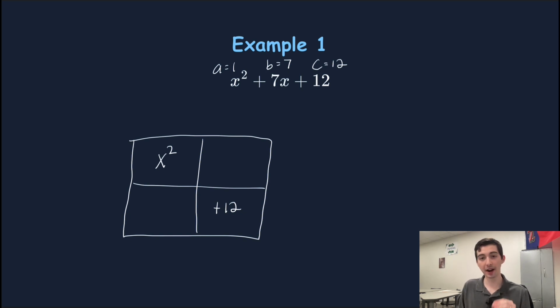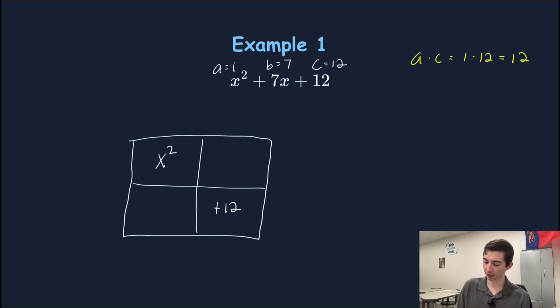And so now we're going to find our two key numbers. So a times c is just 1 times 12, which just gets us 12. And so now let's think of some numbers that would multiply to this and add to 7. Well, 6 times 2, that multiplies to 12, but it doesn't add or subtract to 7.